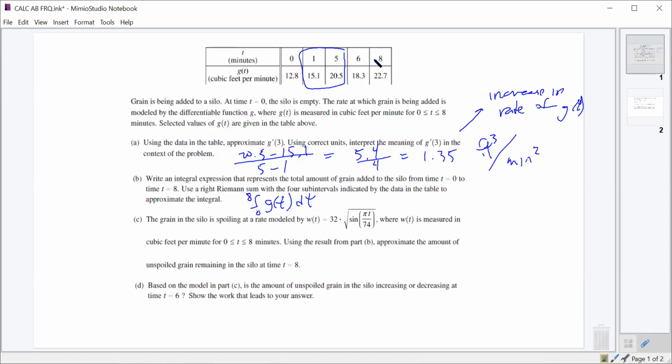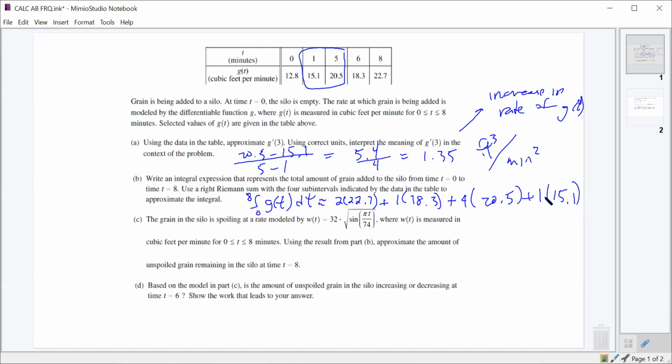So the first one is from 6 to 8. So that's 2 times the rightmost part of it, 2 times 22.7, plus 1 from the distance from 5 to 6, times 18.3, plus 4 times the height at 20.5, plus 1 times 15.1.